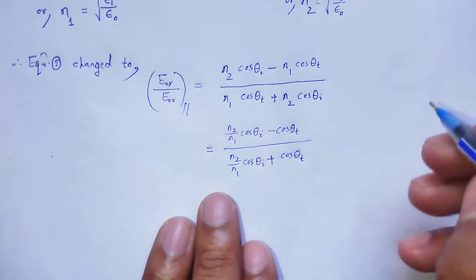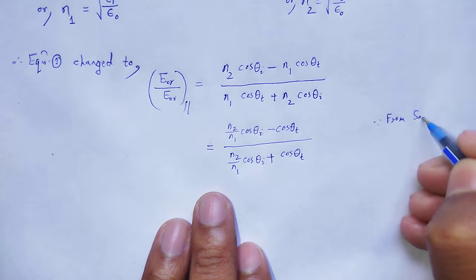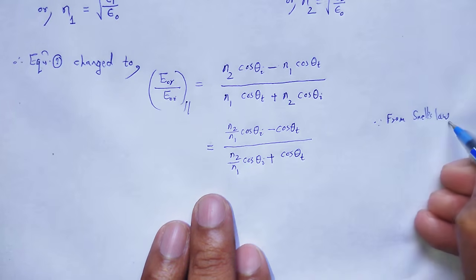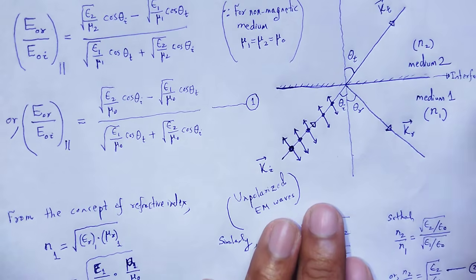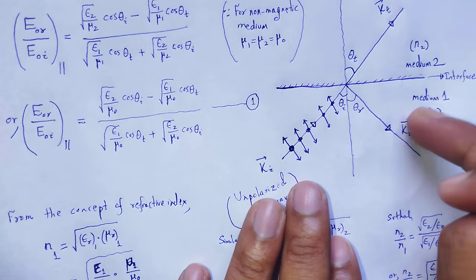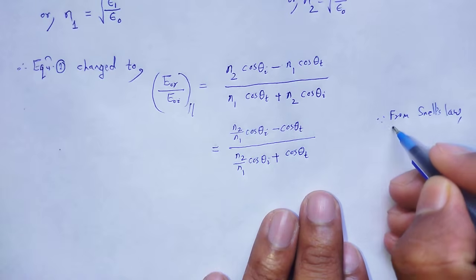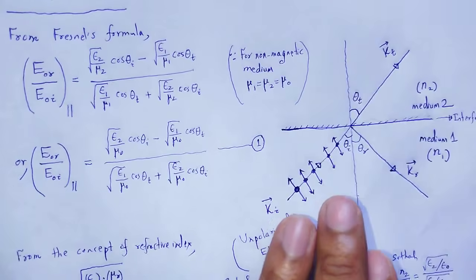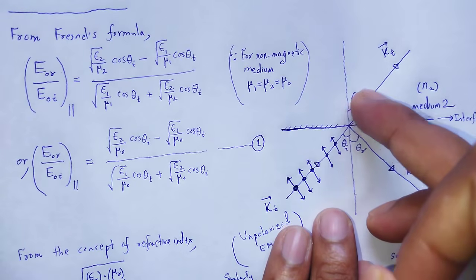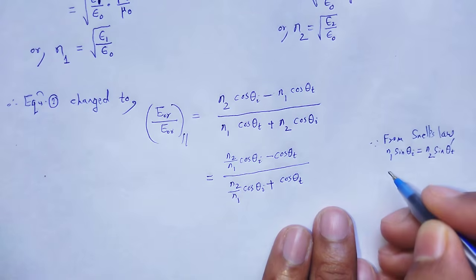Here we use Snell's law. How can anybody apply Snell's law? The refractive index times the sine of the angle of incidence is equal to the refractive index times the sine of the angle of refraction: n1 sine theta I equals n2 sine theta t.